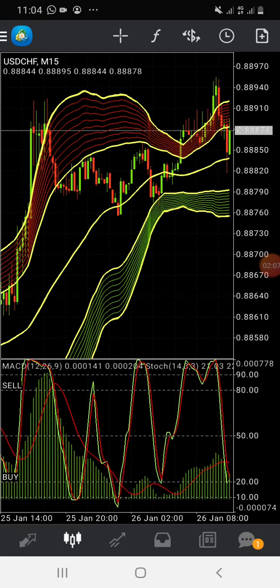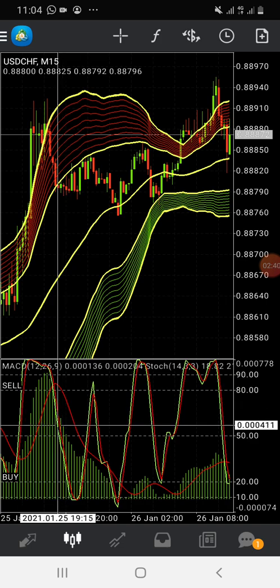So today we're going to learn something new. We're going to learn how to use this strategy, and we're going to learn what divergence trading is in Forex. Basically, divergence is when the price of a pair is moving in the opposite direction of a technical indicator. In this case, we're going to be looking at how the price is moving in the opposite direction of a technical indicator like the MACD that we have down here.